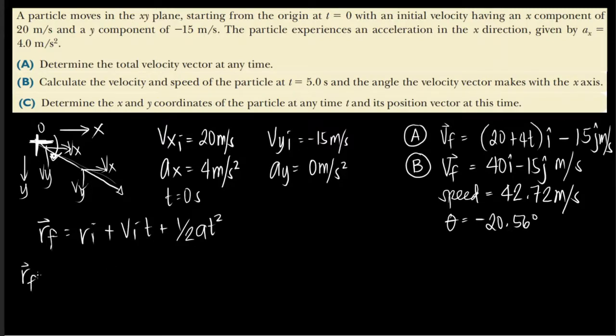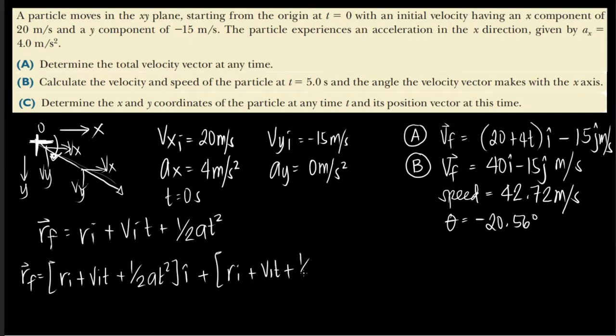So, RF equals RI plus VIT plus 1/2 AT squared I, plus RI plus VIT plus 1/2 AT squared J. Let us put in the values for each. Our RI is 0, since our position was at the origin. And our acceleration along the y-axis was 0, so that whole term becomes 0. For the remaining terms, we put in values.